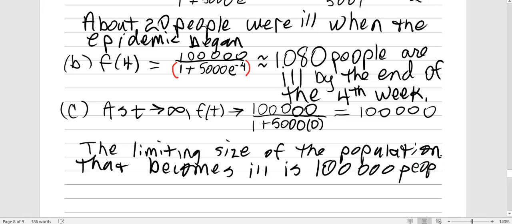And for these types of problems, the logistic model, that number in the numerator is always the limiting size of your population.